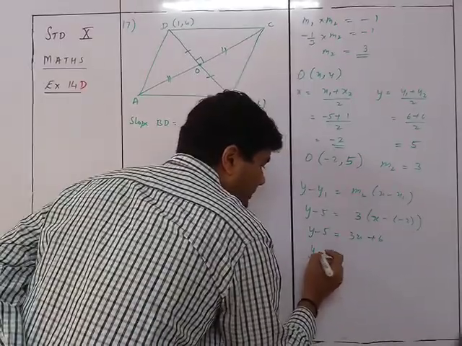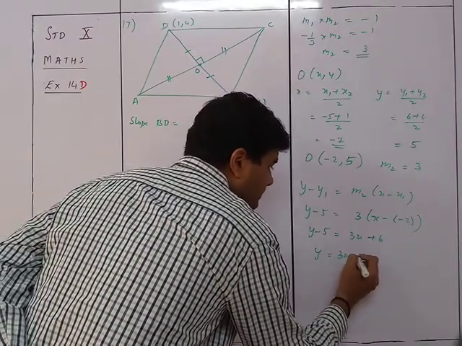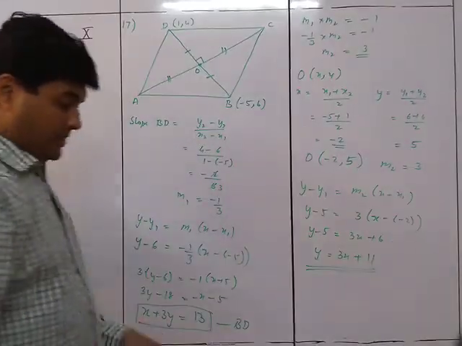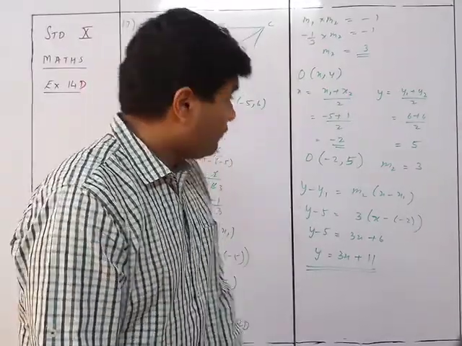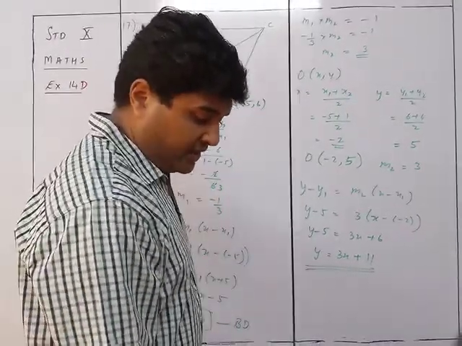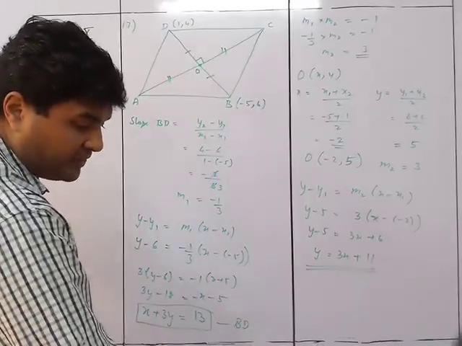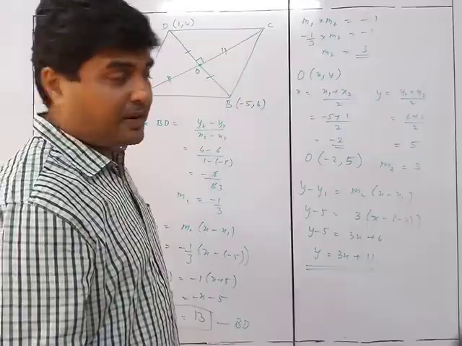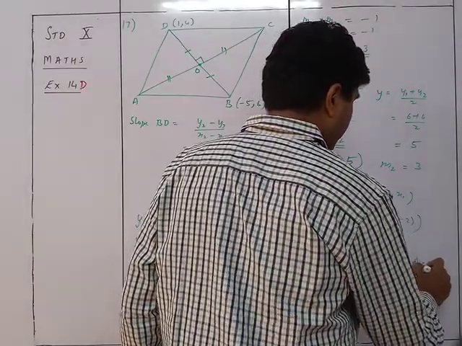So we can take it as y is equal to 3x plus 11. Is it clear? That is the equation for sum number 17. So x plus 3y is equal to 13 is the first one, BD, and the second one, y is equal to 3x plus 11, is for AC.